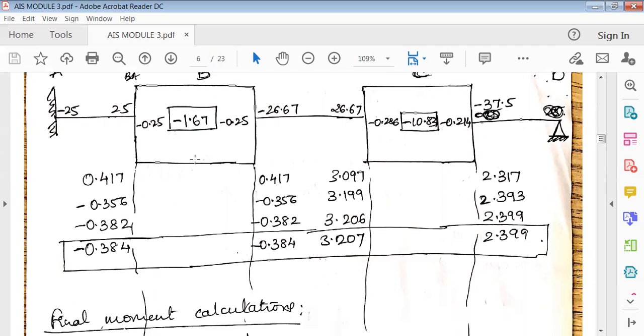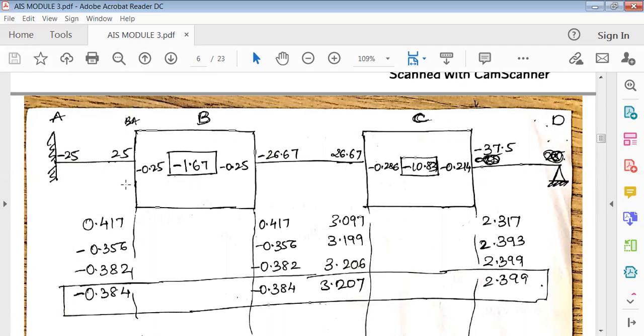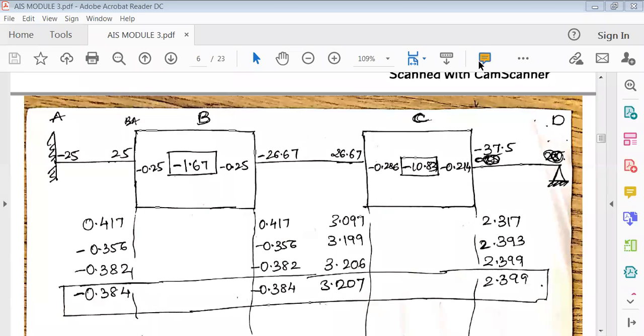Now take this down. The iterations go like this, one by one. First, if you want to find MBA, MBA is equal to minus 1.67. That is the moment at joint B. So it is minus 1.67 plus the far end moment.